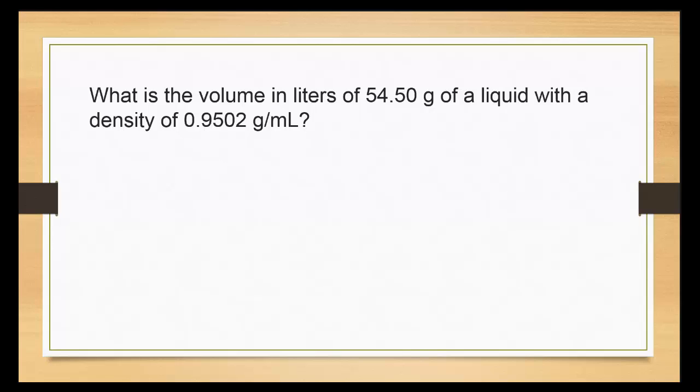So let's do a few more practices with these. Find the volume in liters. Notice that the density is given to you in milliliters. 54.50 grams of liquid with a density of 0.9502. I'm going to use this as a conversion factor again. So 0.9502 grams is equal to 1 milliliter.